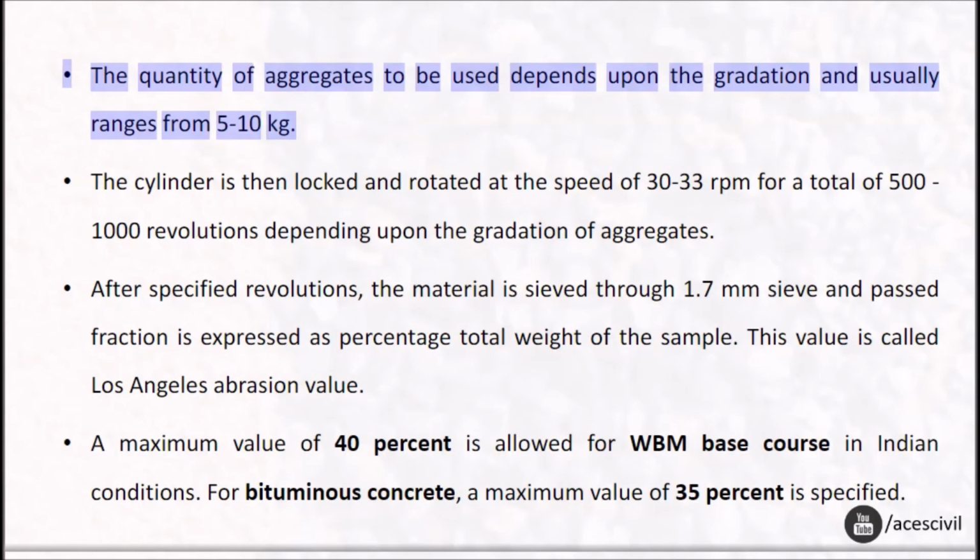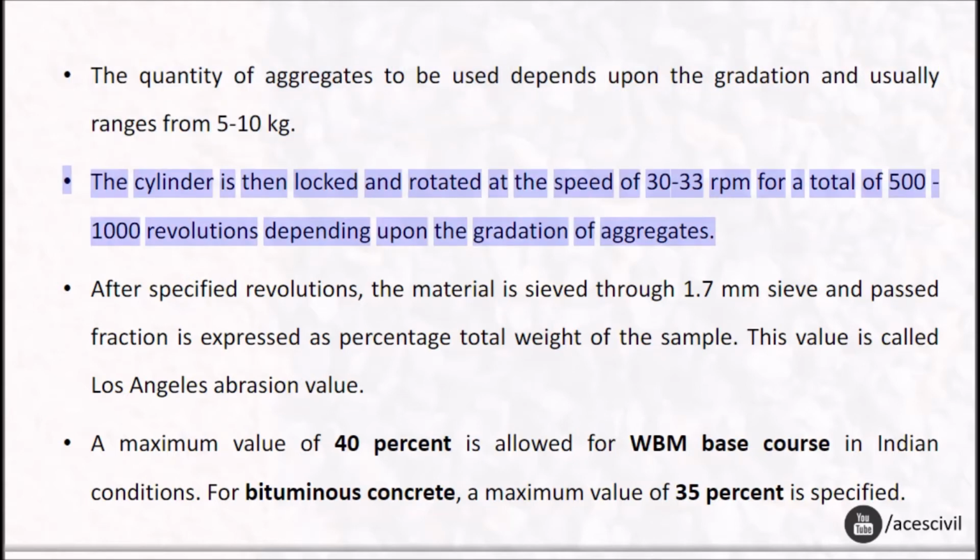The quantity of aggregates depends upon the gradation and usually ranges from 5 to 10 kg. The cylinder is then locked and rotated at a speed of 30 to 33 rpm for a total of 500 to 1000 revolutions depending upon the gradation of aggregates.